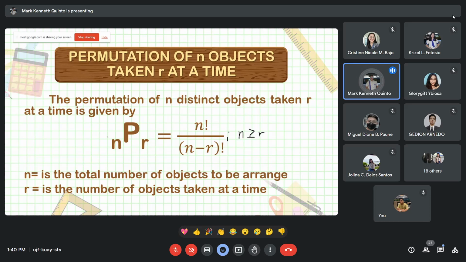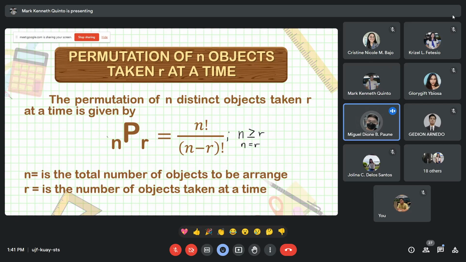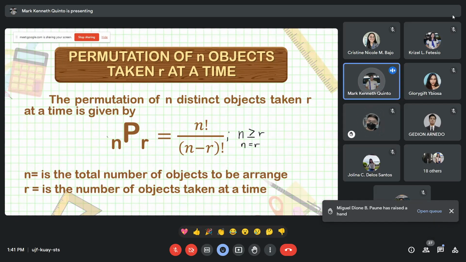Now, paano kung halimbawa si n ay nag-equal kay r? Yes, Mr. Paune. Under siya ng ibang type ng permutation. And what type of permutation is that? Permutation wherein repetition is allowed or replacement.